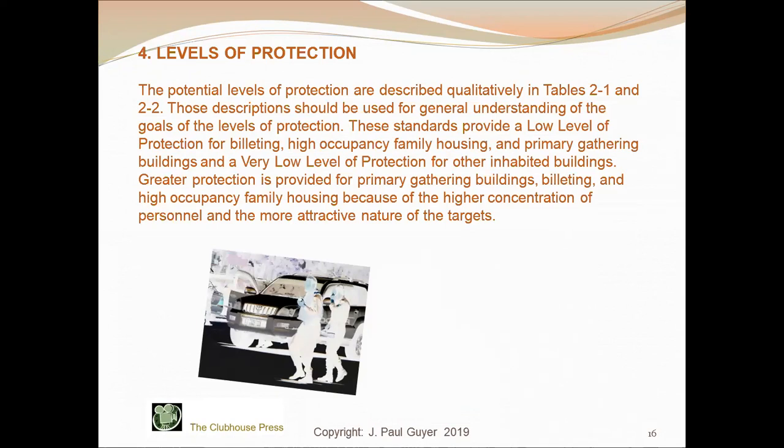These standards provide a low level of protection for housing, residential type buildings, and primary gathering buildings like an activity center or something like that, and a very low level of protection for other inhabited buildings.